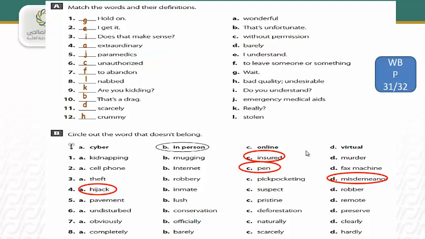Hijack, inmate, suspect, robber. All of them are people, but hijack is a verb. Pavement, lush, pristine, remote. All of them talk about natural places, okay? But this one is a pavement. Undisturbed, conservation, deforestation, preserve. Deforestation. All of them are positive, but this one is negative.